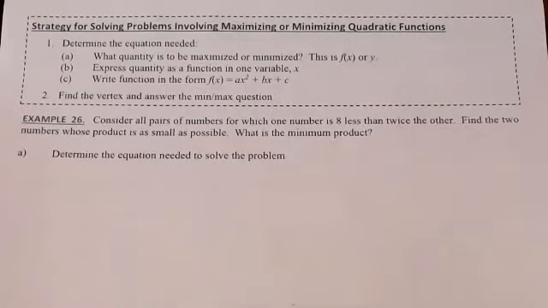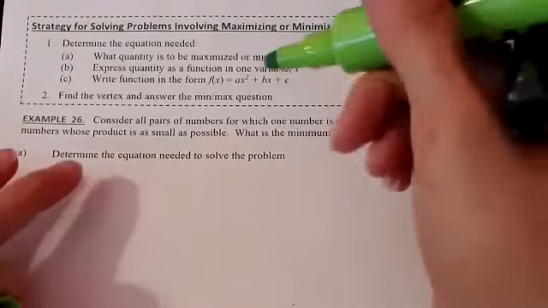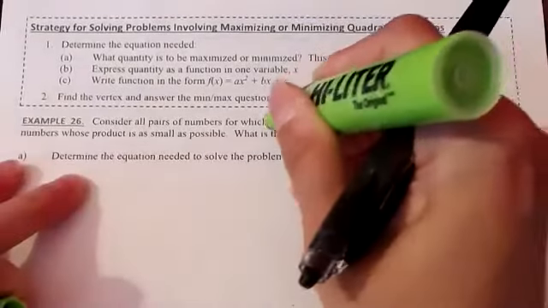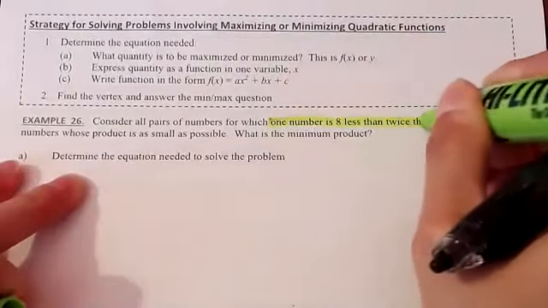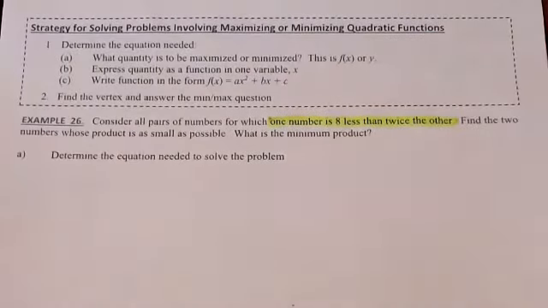For example 26, it says, consider all pairs of numbers for which one number is 8 less than twice the other. Can we underline, highlight, whatever that is? This statement right here, I hope, jumps out at you. One number is 8 less than twice the other. Without even reading further, we're recognizing that there are two numbers here, right?